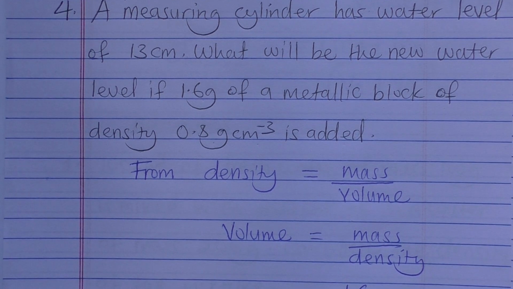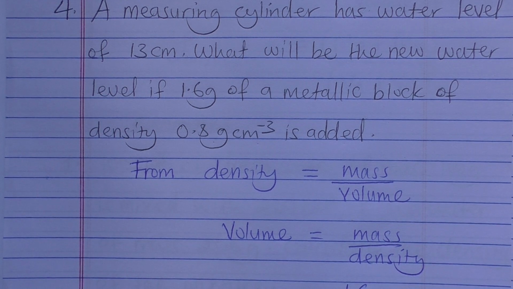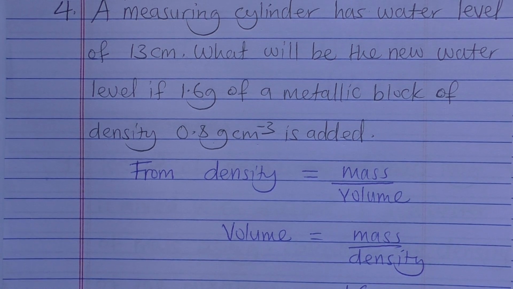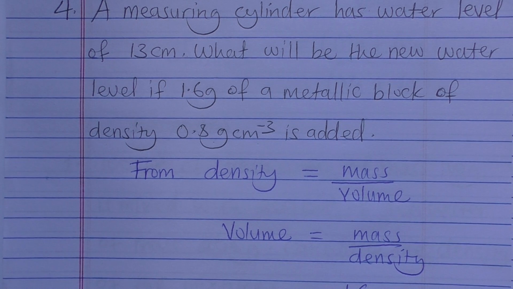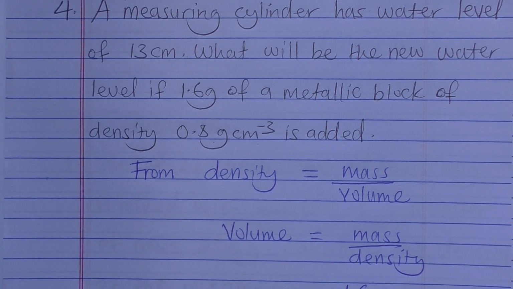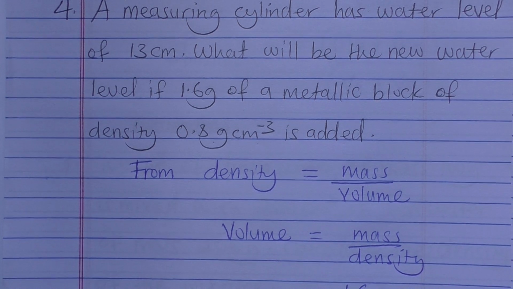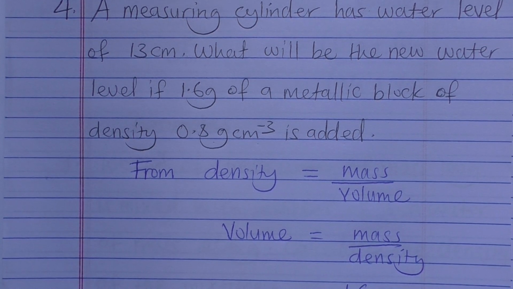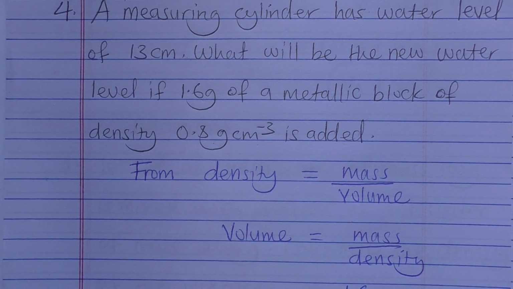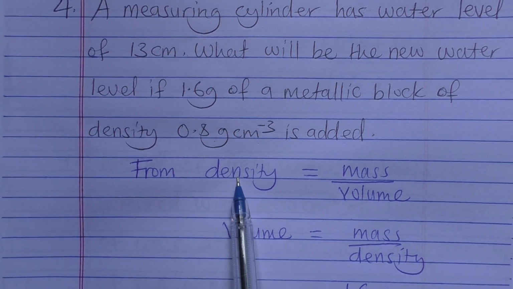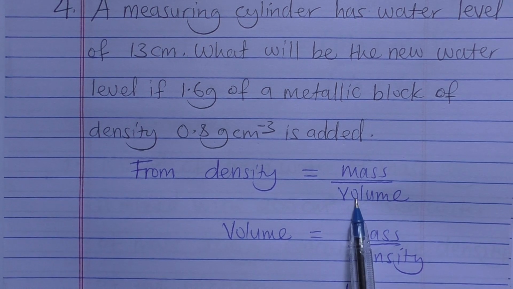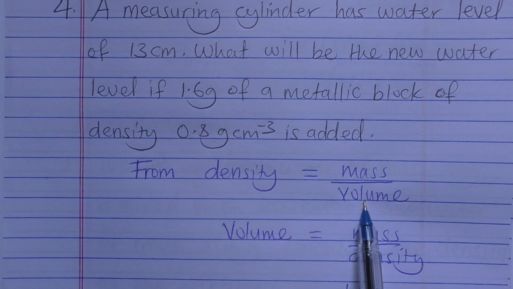So, the new water level will be the volume of the solid plus the initial volume in the measuring cylinder. That means that to get the new water level, we must first of all get the volume of the block and add it to the initial volume in the measuring cylinder. Since density is mass over volume, this time we want volume.